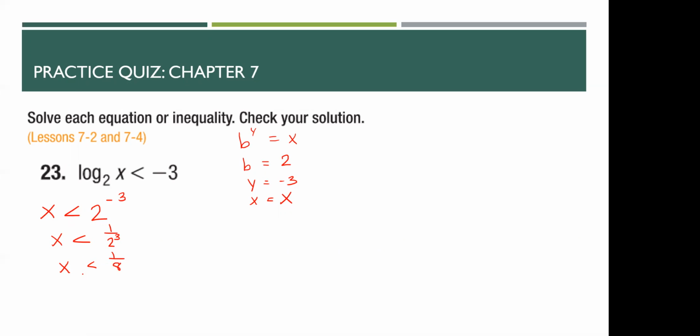So x would be less than 1/8. That means my value of x has to be less than 1/8, but it also has to be greater than 0, because remember that x cannot be negative. It always has to be greater than 0.